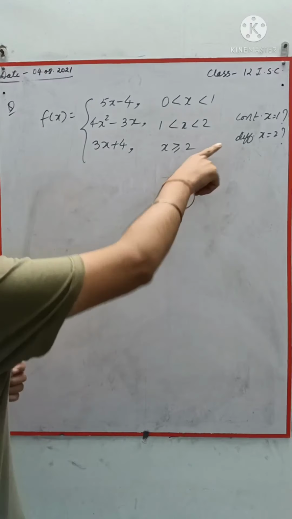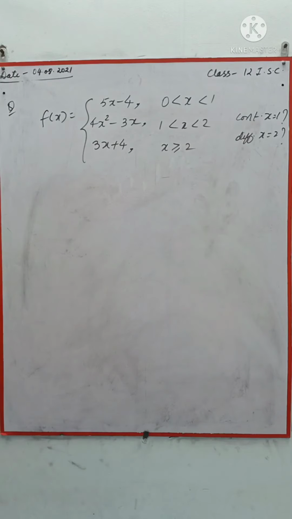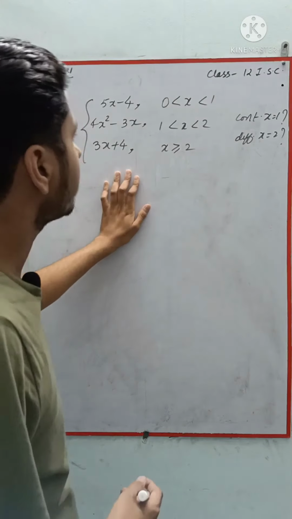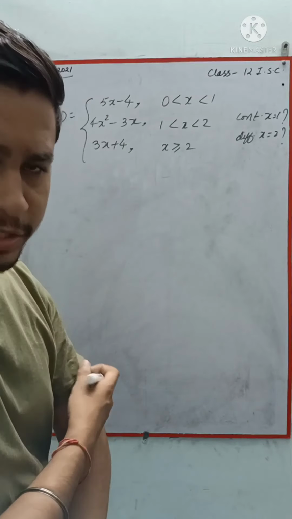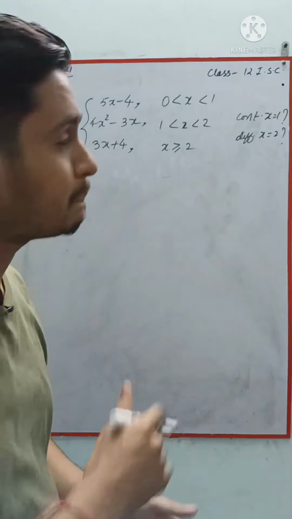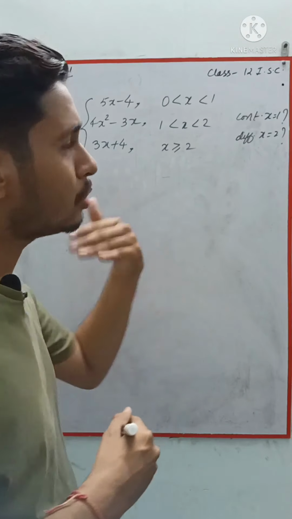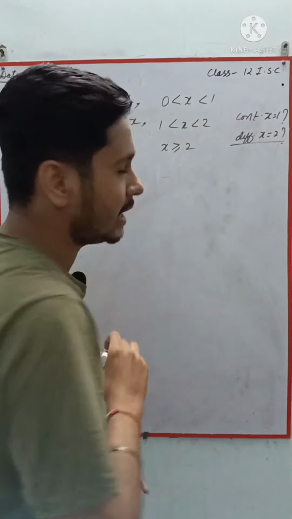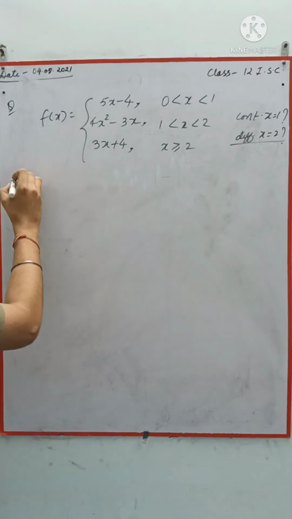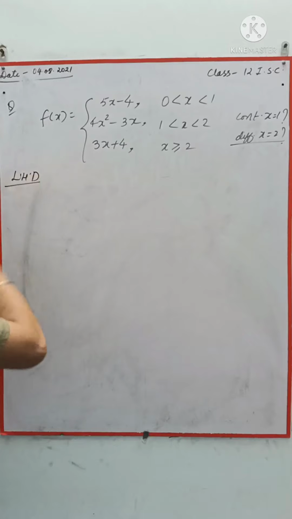Now let's go for x equal to 2. Okay, for sure, for x equal to 2, you can just check it. It will be a continuous function with the same procedure. Okay, so we'll go for the differentiability. We'll check the differentiability at x equal to 2. So let's write for the LHD case.